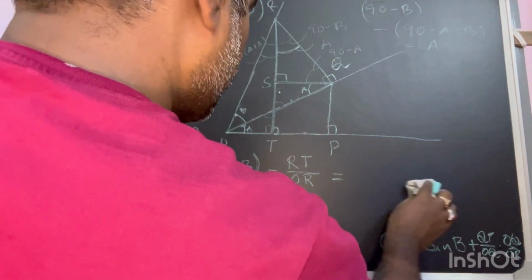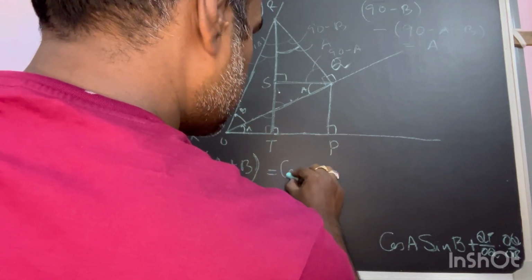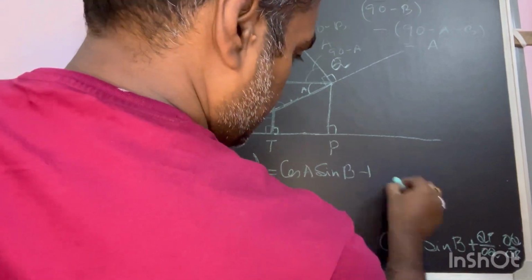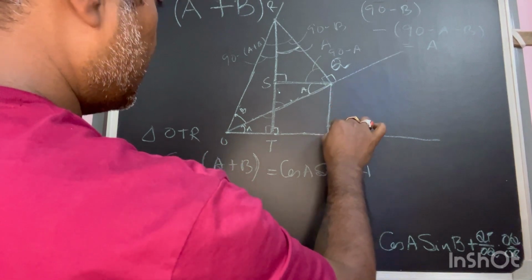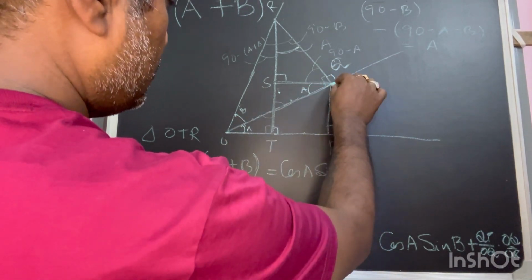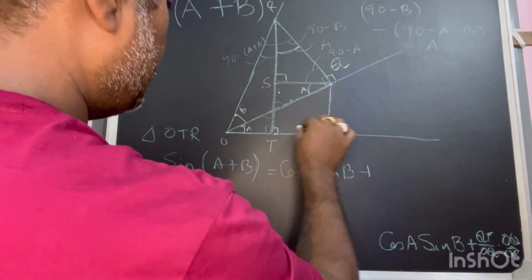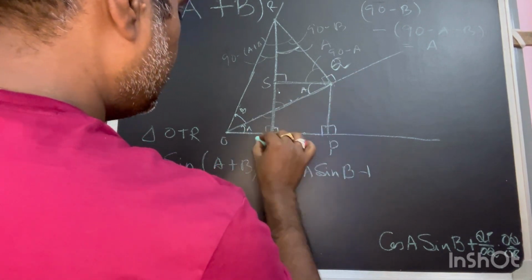So now ultimately this will be cos A, I am writing it again here, plus QP by OR. What is QP? QP by OQ, sorry, QP by OQ. This comes in the right angle triangle, this is 90 degrees.